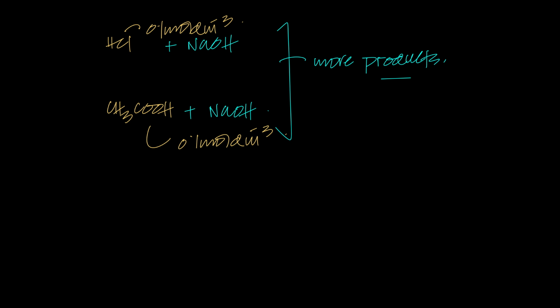Which one of these would give me more products? This is the last concept, and these are very important concepts for MCQs. I know most of you are going to get it wrong, because you are never taught this way. Which of these two is going to give me more products? Is HCl going to give me more products or is CH3COOH going to give me more products? Remember, keep in mind, one is a stronger acid and one is a weaker acid.